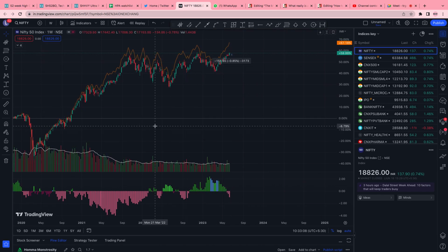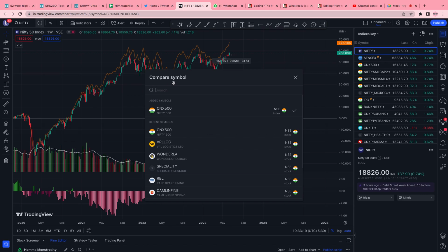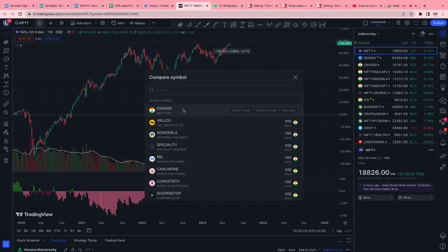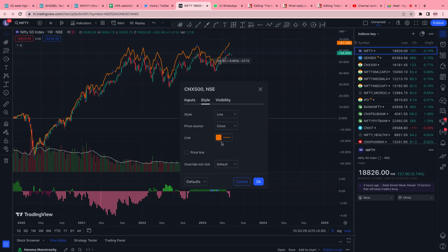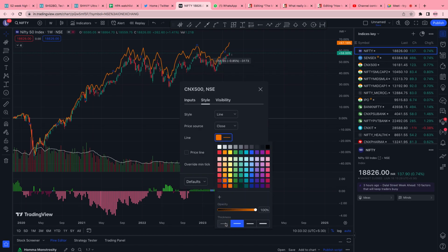There is nothing today, just the price. And you see the yellow line. This yellow line is a Nifty 500 chart, and how I put it is just by using the compare symbol. You put Nifty 500, and because it's too bright, I reduced the brightness here.